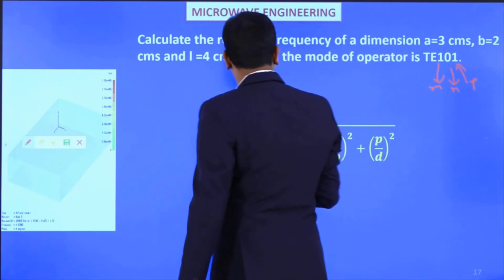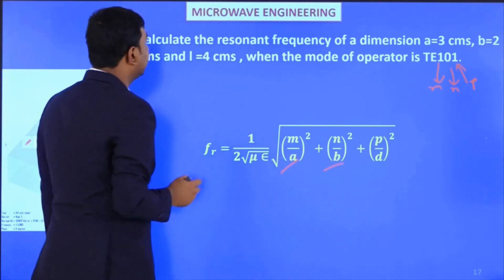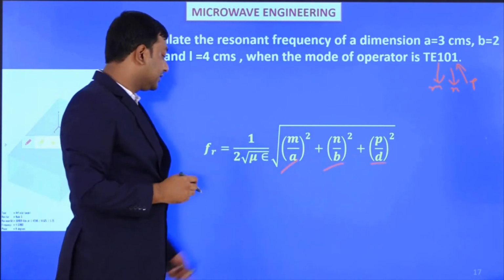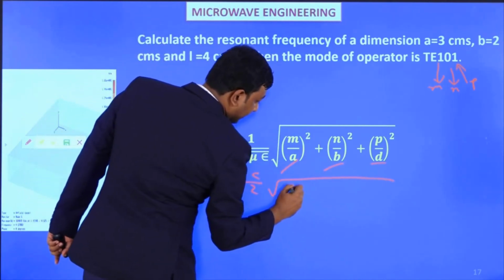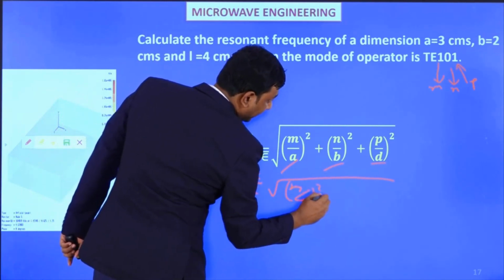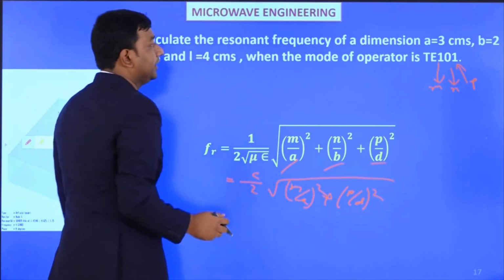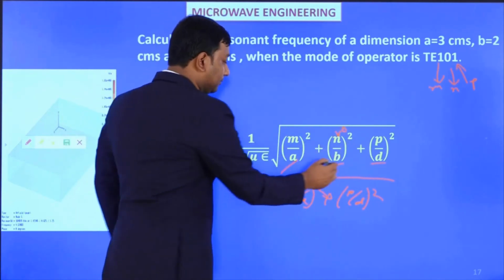If you place all those values, a equal to 3 centimeter, we know b equal to 2 centimeter and length d equal to 4 centimeter. We can write c by 2 root over (m by a)² plus (p by d)², because n by b, the n value is 0, so that term becomes 0.